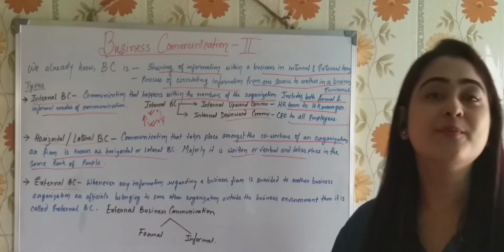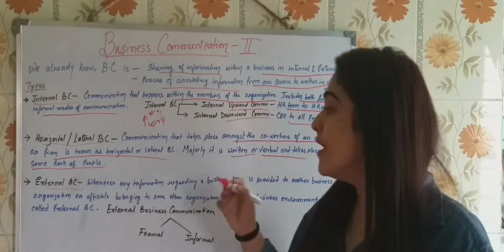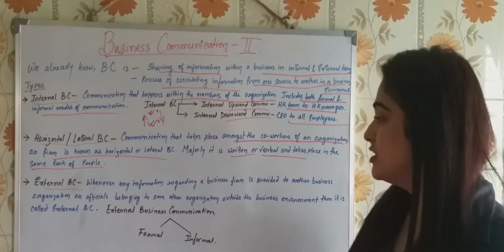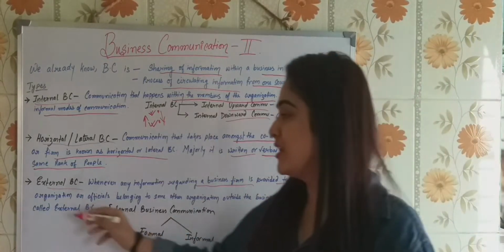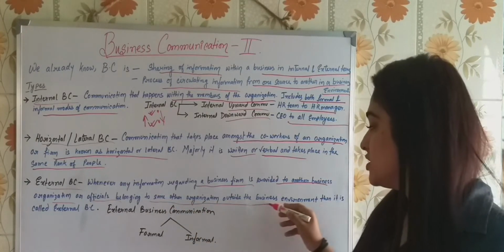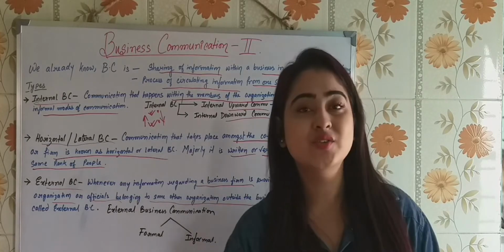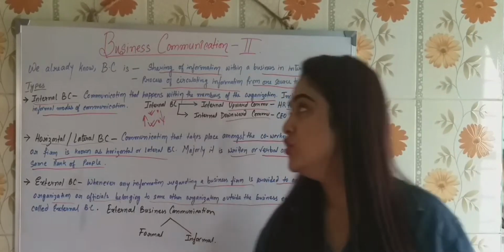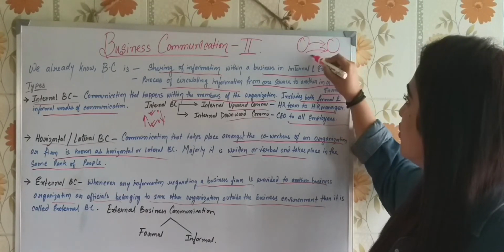And the last type of business communication that we have is whenever any information regarding a business firm is provided to another business organization or officials belonging to some other organization outside the business environment, then we call it external business communication. Two different organizations, information exchange is happening.